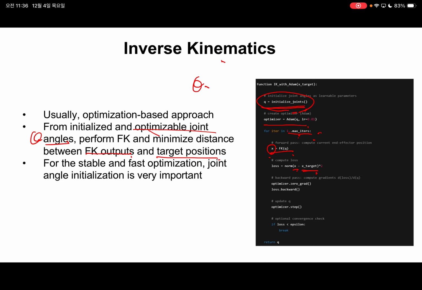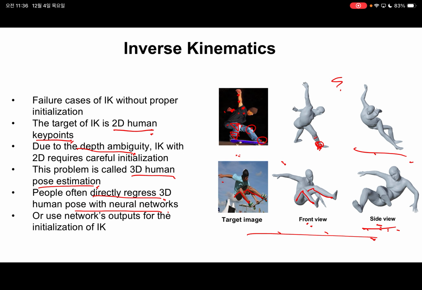Instead of using this kind of iterative optimization, we can get theta equals model of image, right? With this kind of neural network, we do not have to do initialization or iterative optimization. We can skip all of that using a neural network. That is, of course, the dominant approach.